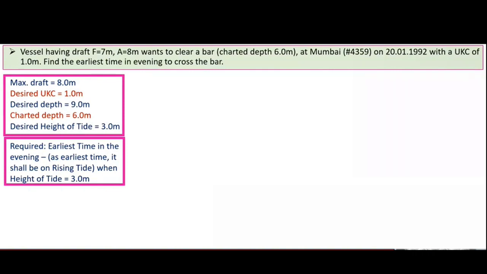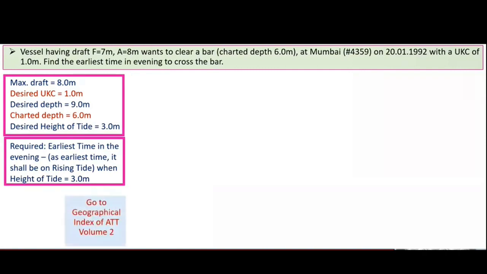And the earliest time, if it has to be found, it is on the rising tide. If it was to be on the ebb tide, then that shall be the last time or the latest when the vessel can sail with that particular UKC. So here we have to make sure that we find this on the rising tide.